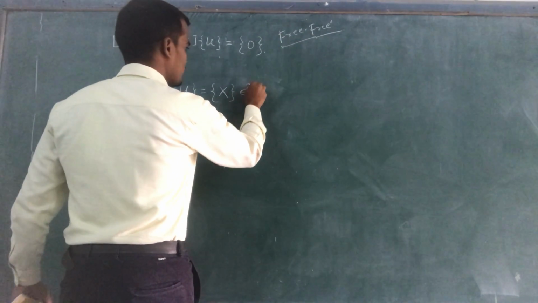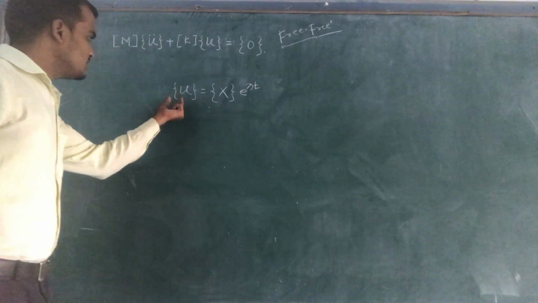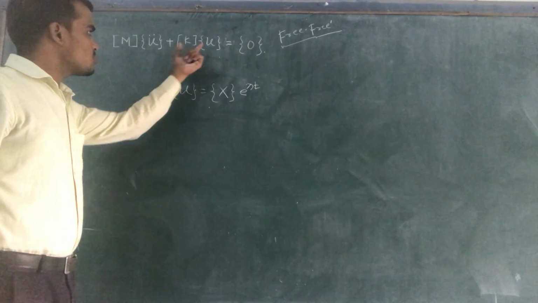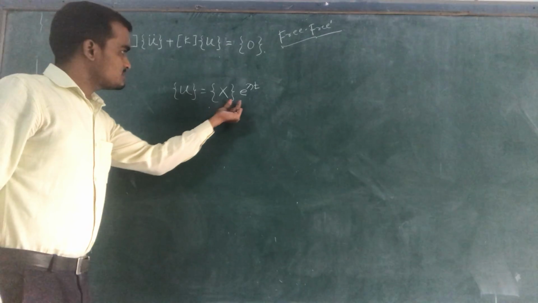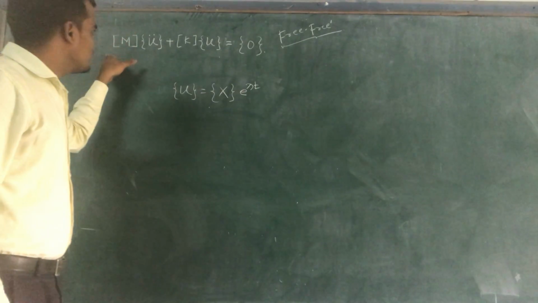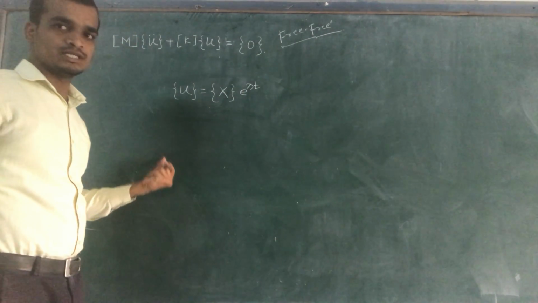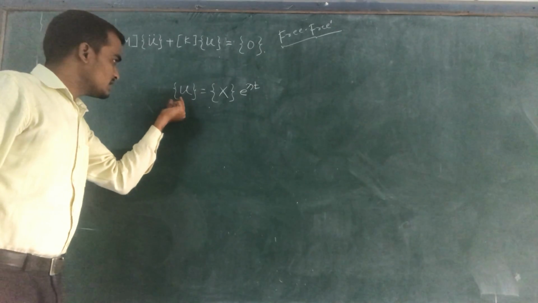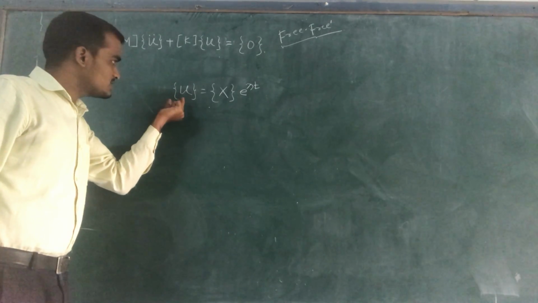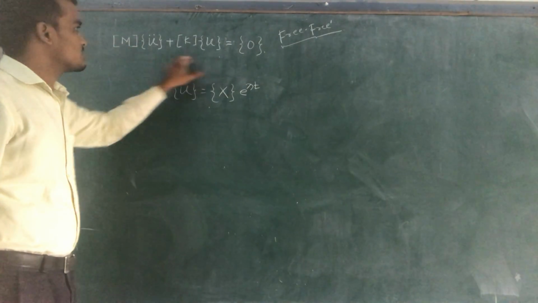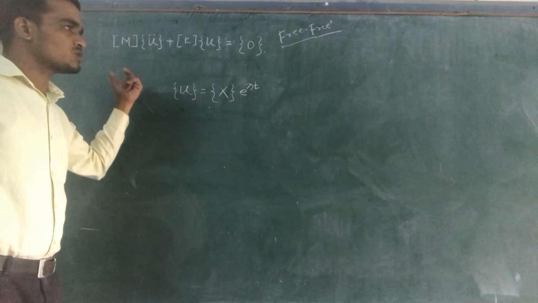If we put x times e raised to power lambda t instead of u, then we will get the LHS equal to 0. It means this displacement function is satisfying this equation, so we can use it to solve such problems.